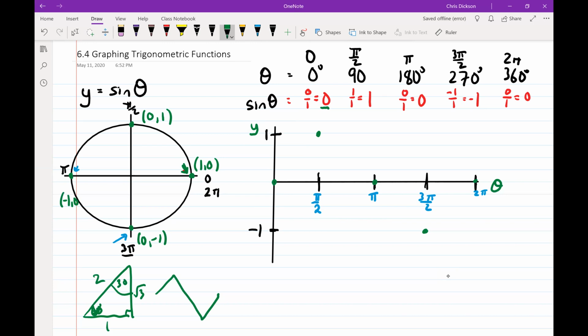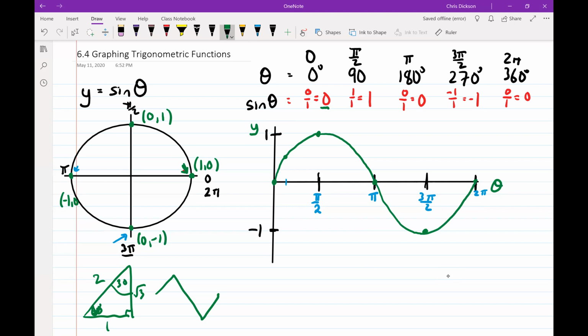Pi over 6 is the same as 30 degrees, so that's definitely in there, and I'm going to be at about 0.5. So you can see that these three dots between 0 and pi are not linear. The graph is not parabolic, but it looks kind of parabolic when you graph it, and you get this shape here.